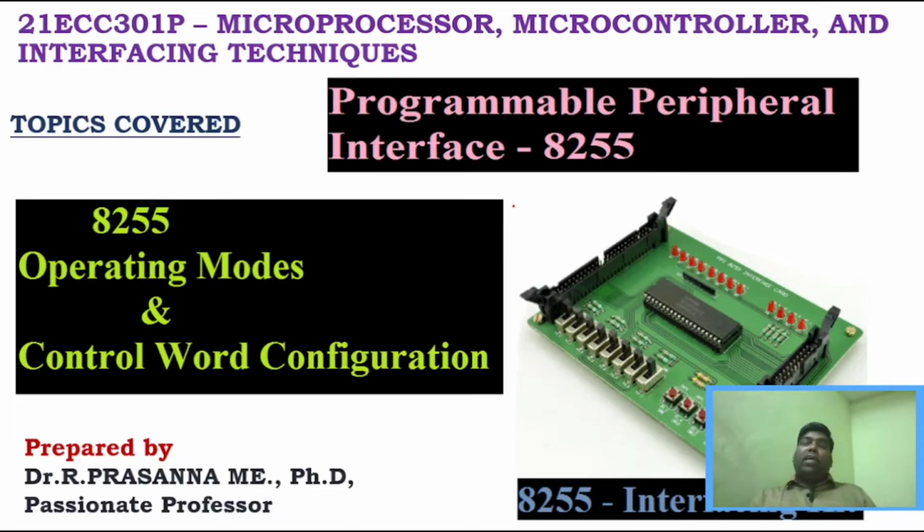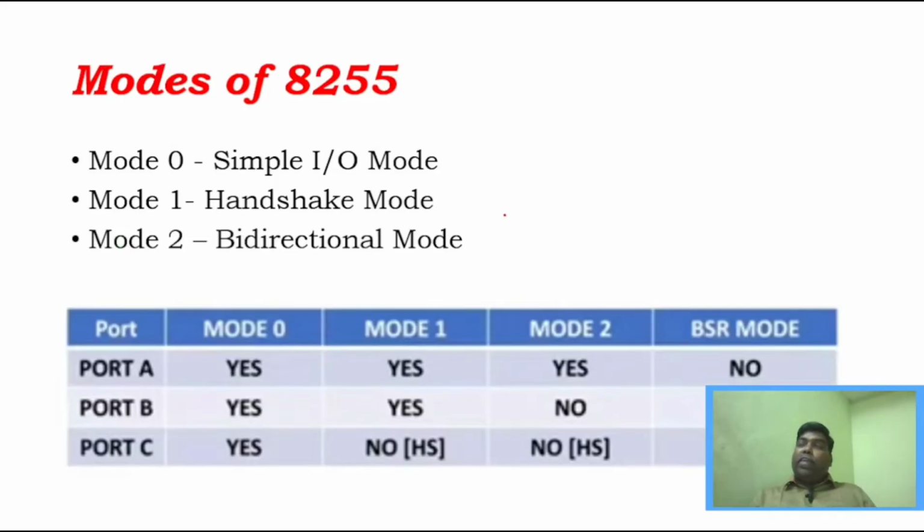To start with, we have already said 8255 is specifically designed to increase the interface handling capacity of different microprocessors, and we are going to see the operation modes of 8255. In the previous video, I clearly explained that 8255 has two different modes of operation.